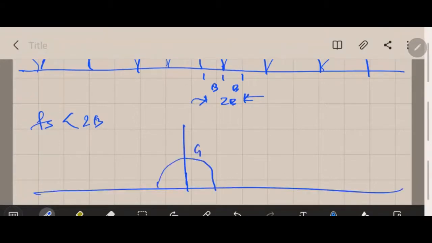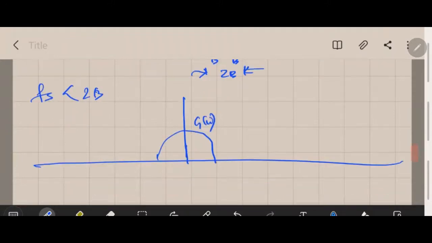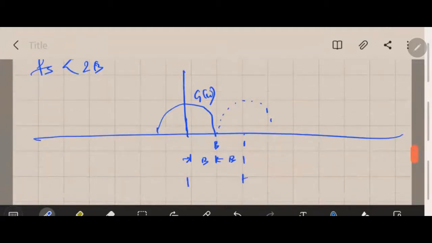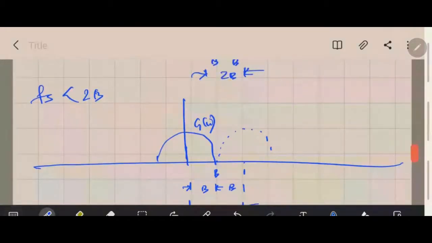This is your g of omega, and this is b. In dotted line I can show you that 2b should be somewhere here. If this width is b, and this width is also b, then 2b is somewhere here. But you have taken a sampling frequency fs which is less than 2b.